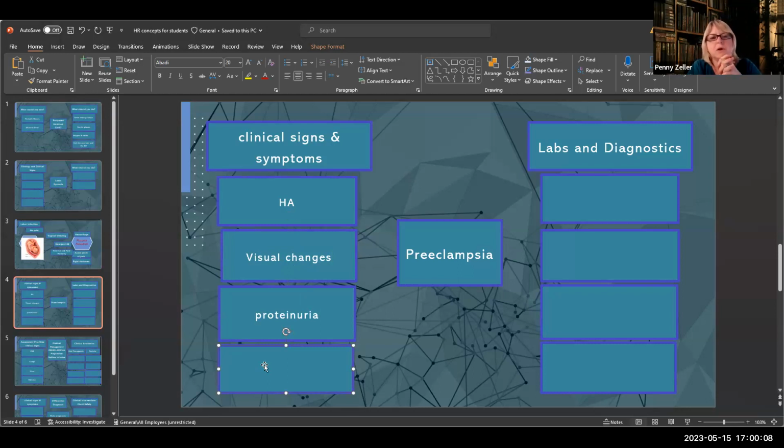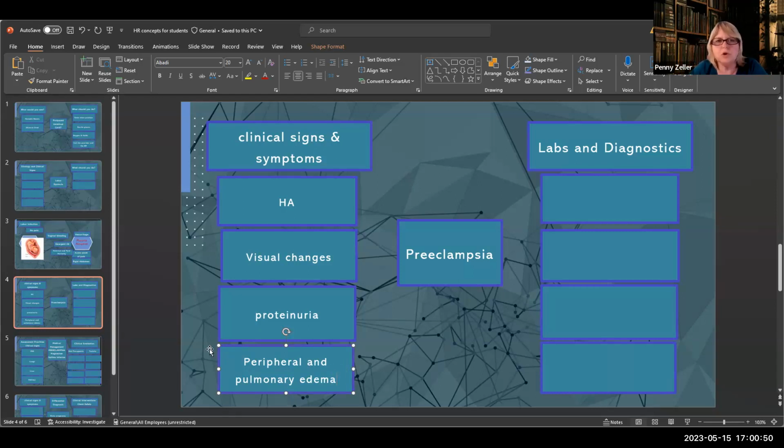As far as edema goes, research doesn't consider peripheral, facial, or hand edema necessary, but we do see it. So we can put it in there. Peripheral and pulmonary edema, both. Okay, good. And then hyperactive deep tendon reflexes. There's a lot of them.